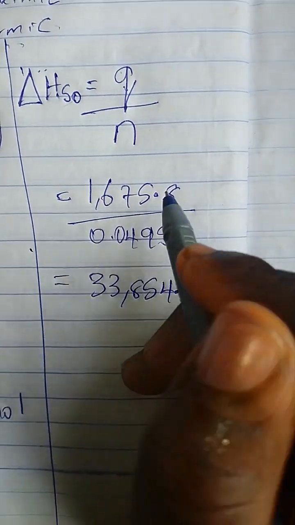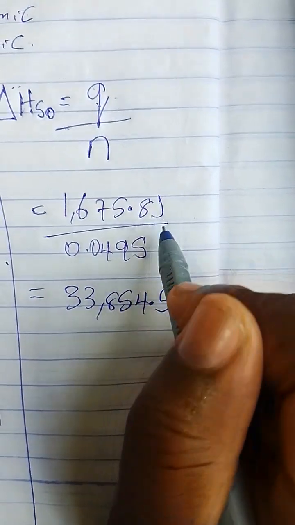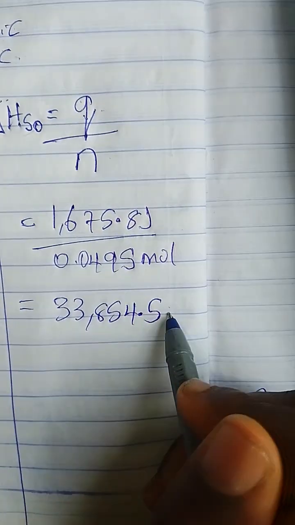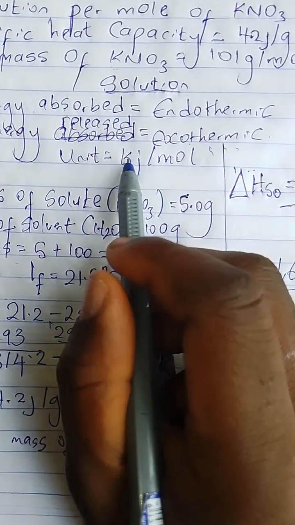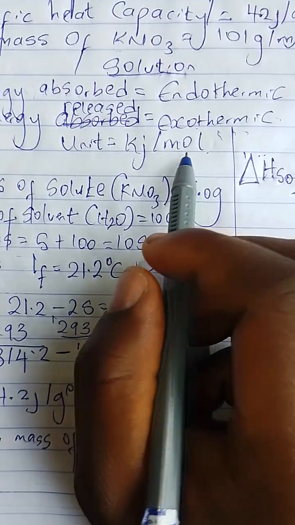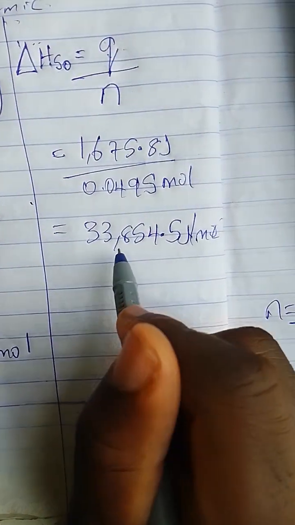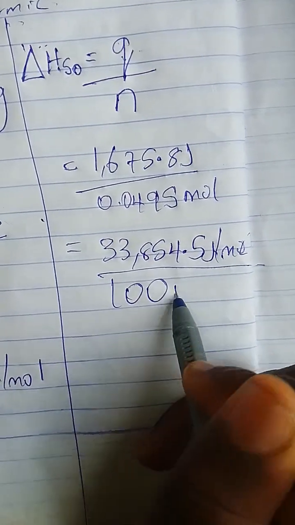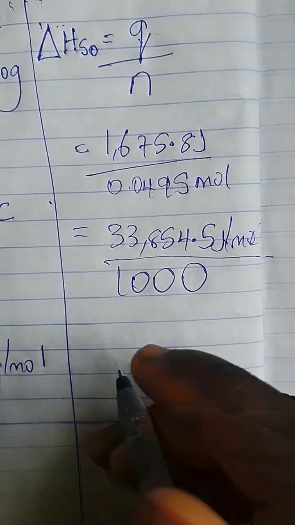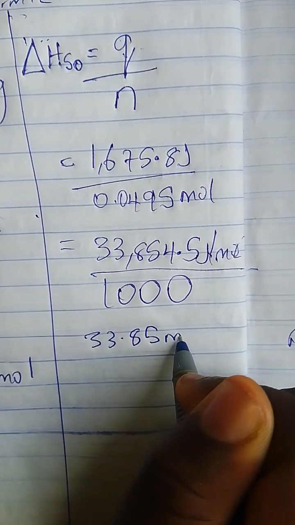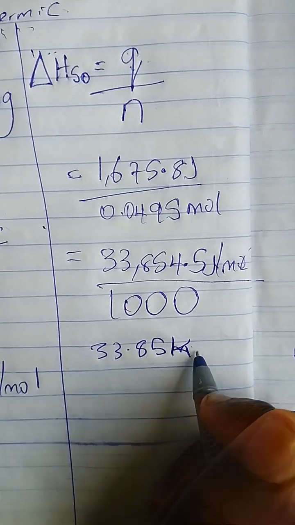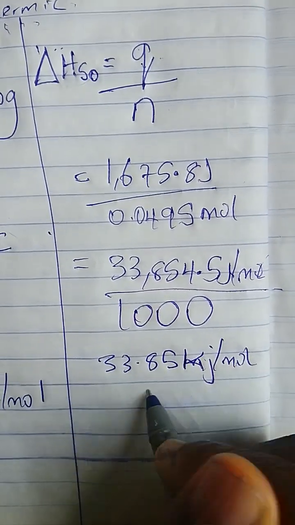Now remember, this heat is in joules and this is in mole, so we have joule per mole. But initially I told you that the formula is kilojoules per mole. Heat is measured in kilojoules, so we are dividing this by 1000. When we divide it by 1000, you will get 33.85 kilojoules per mole. And this is the heat of solution.